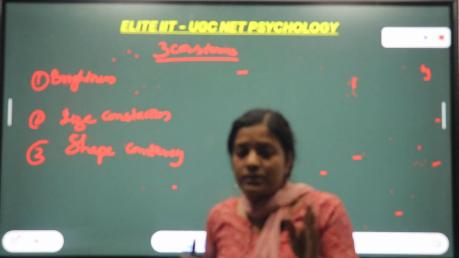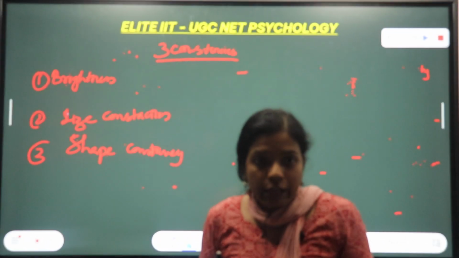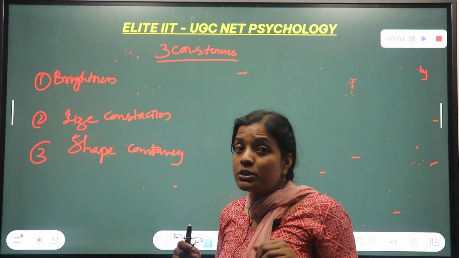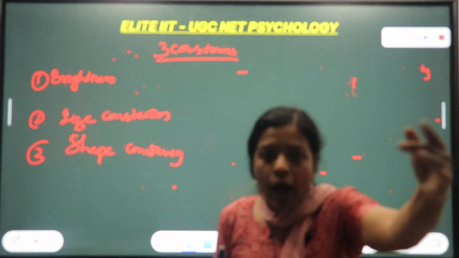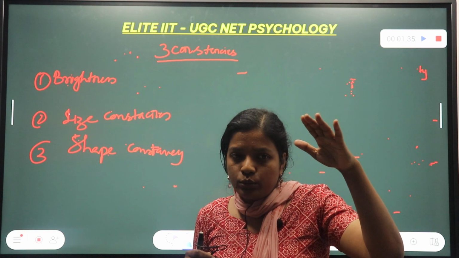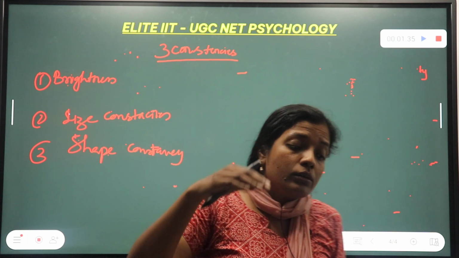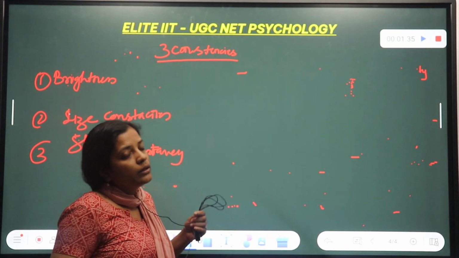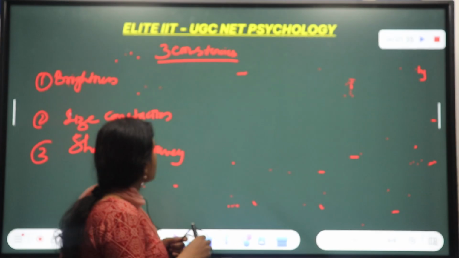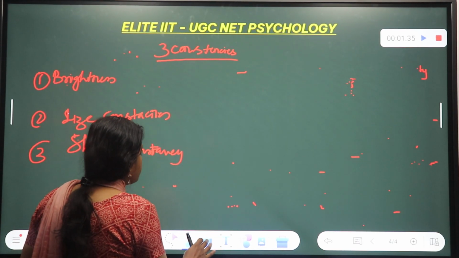Perception of depth is very important, like the other perceptual organizational things which we require, because that tells us how far we are from something, how near we are, how deep we are, how less far we are from them. These all things come from perception of depth.